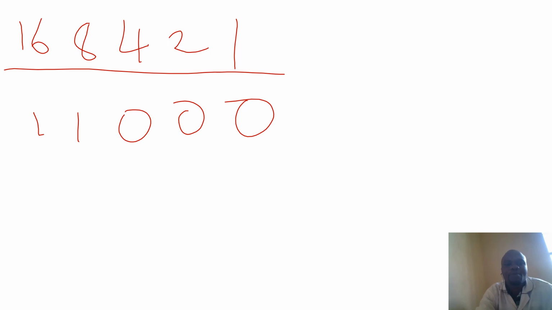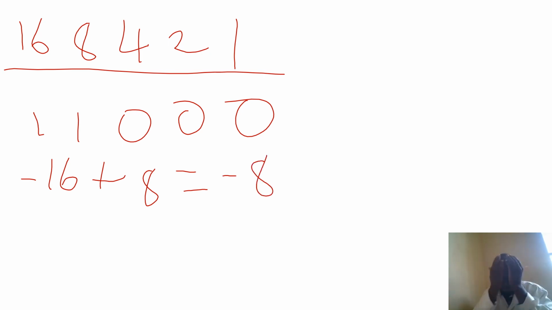So this one could be negative 16, then added to the one here, which is 8. If you have negative 16 and 8, you get a negative 8.